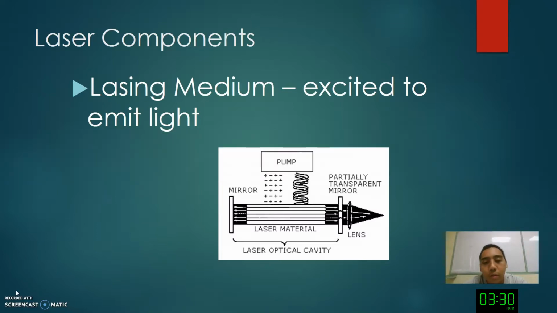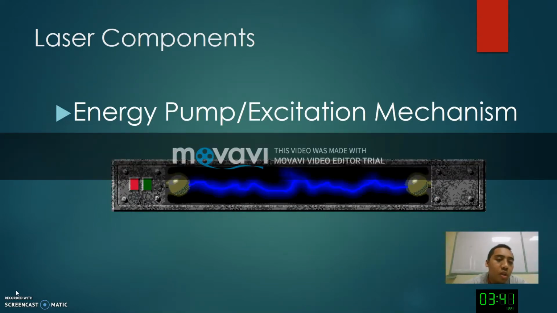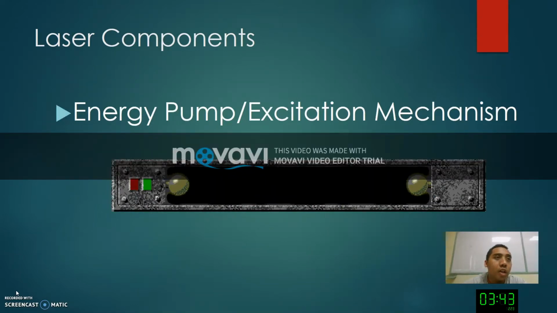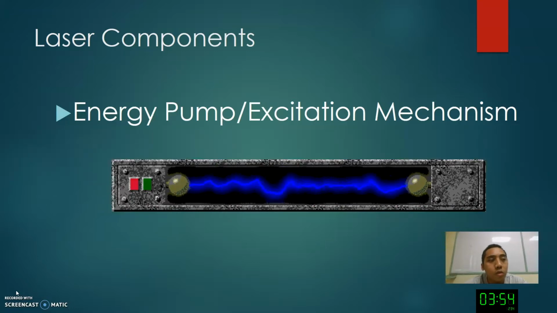Below is a picture of a basic common laser component setup. Next is the energy pump or excitation mechanism. This component enables the energy from an energy source to be pumped into the material to cause the lasing material to emit light and generate photons.